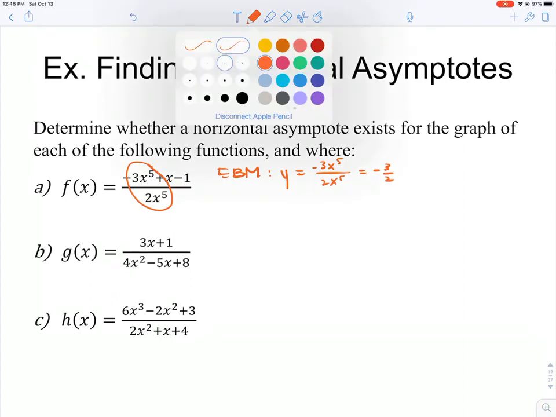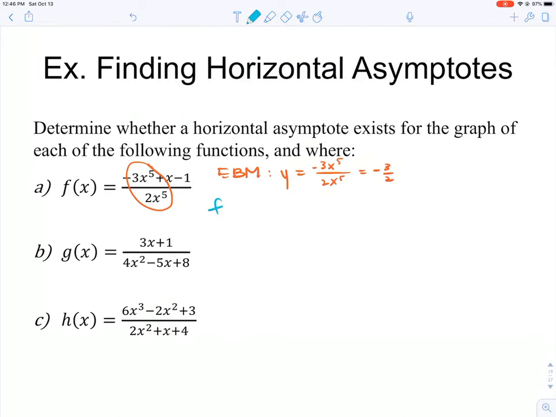So that tells us that f has a horizontal asymptote at y equals negative 3 halves. This is not your answer. That's like your side work. The end behavior model is your side work. You still need to tell me where the end behavior asymptote is, or the equation of the end behavior asymptote.